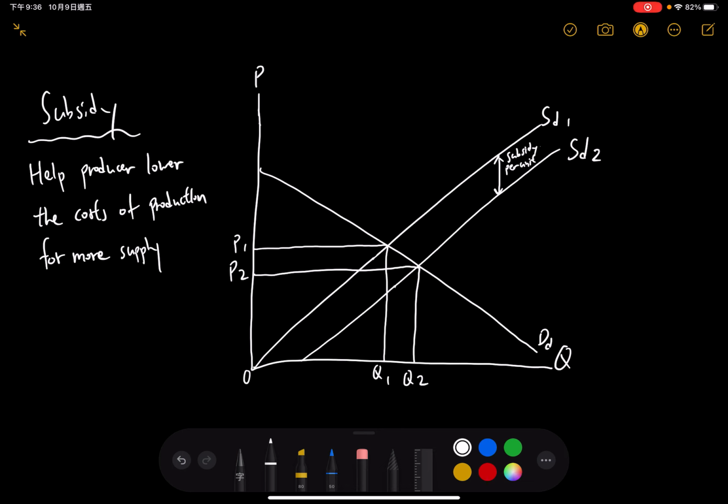That's P2. All right, so let's put the world supply curve below P2 and see what will happen. Okay, I'm going to put it here. I call that world supply, and I use PW to represent the world price.